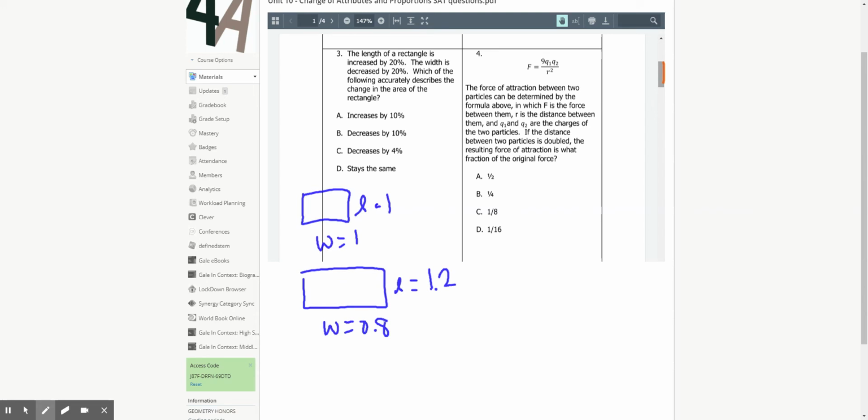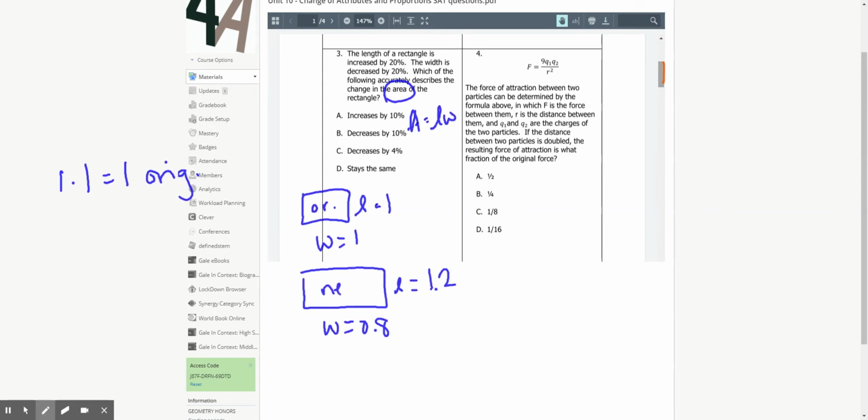Which of the following accurately describes the change in area? So area equals length times width. So for my original, we're going to do 1 times 1 is 1. That's the original.